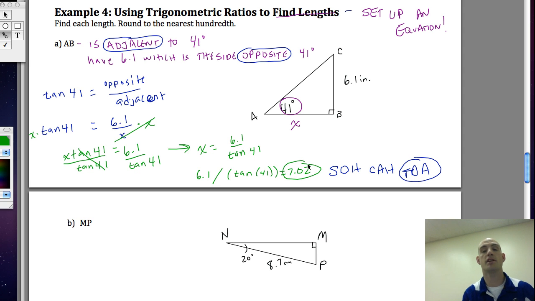I didn't round until the end. Don't round until the end. Don't tell me what tangent of 41 is as a decimal. Just divide by tangent 41. It gives you a more precise answer. Okay? So, when we divide by the tangent of 41, we get 7.02.